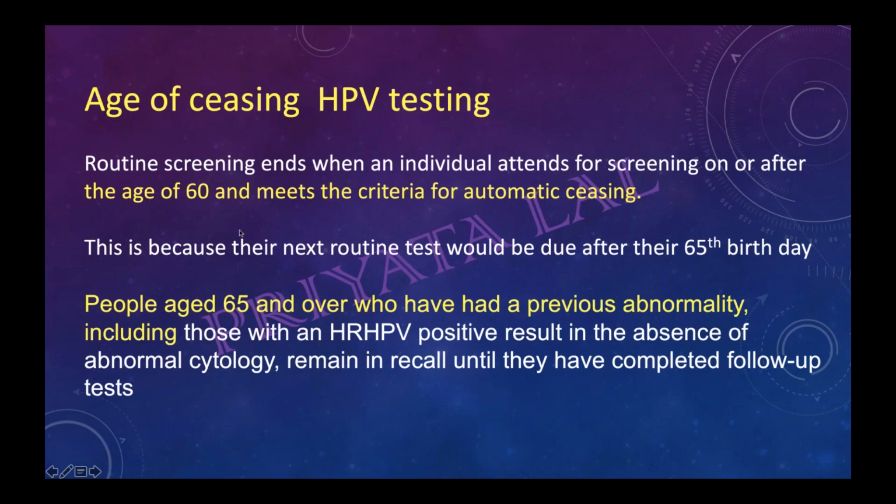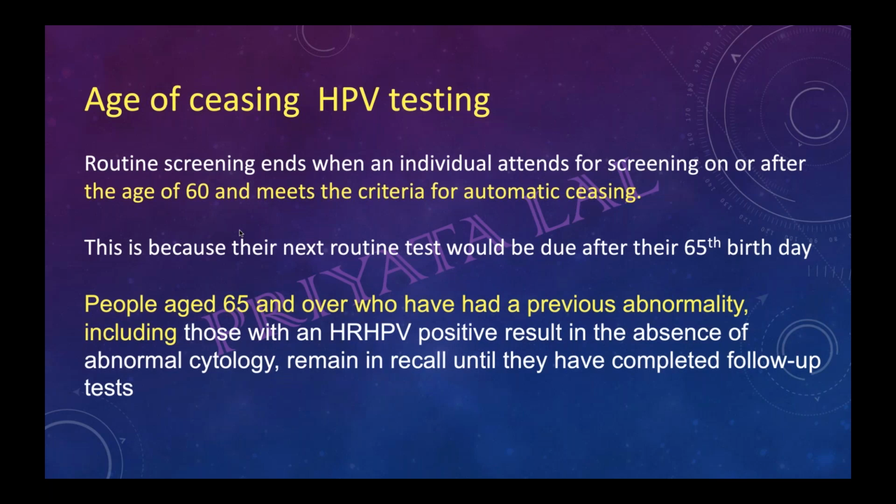Please repeat your question. Dr. Priyata, according to this sentence, if somebody is coming at 60 years of age or after 60, then it is the last screening for her. But if somebody, for example, is coming at 58 or 59, it means that this will not be the last.